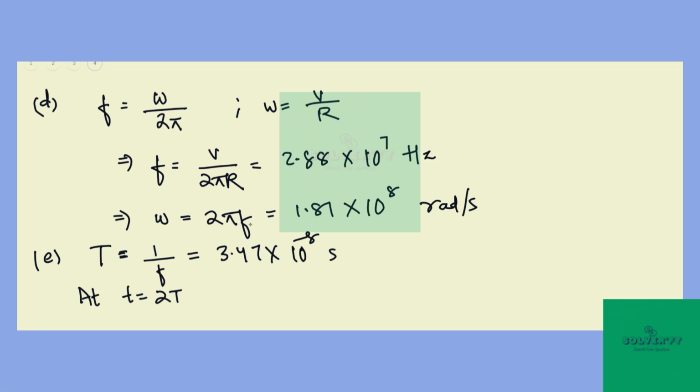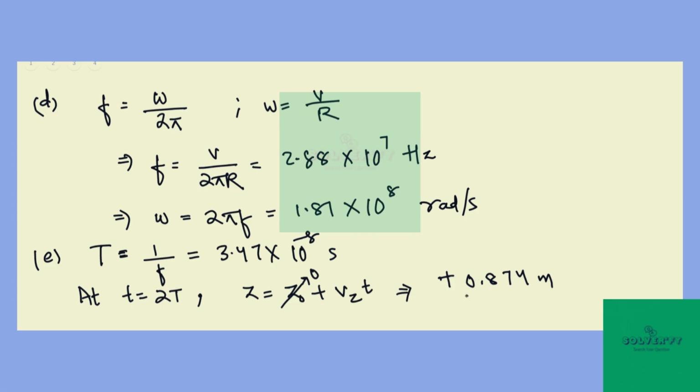So let's use the kinematic equation over here. This is equal to z naught plus vz t, and the initial value z naught of z is equal to 0, and we get this value of z to be positive 0.874 meter.